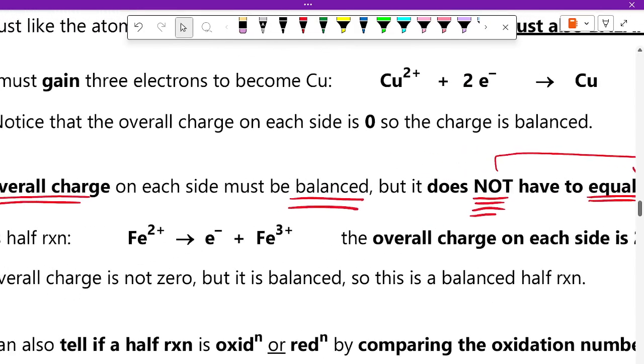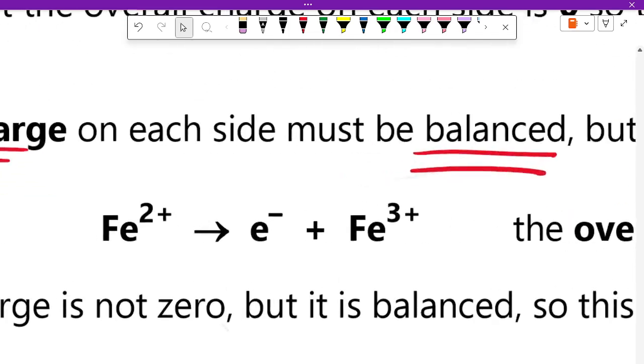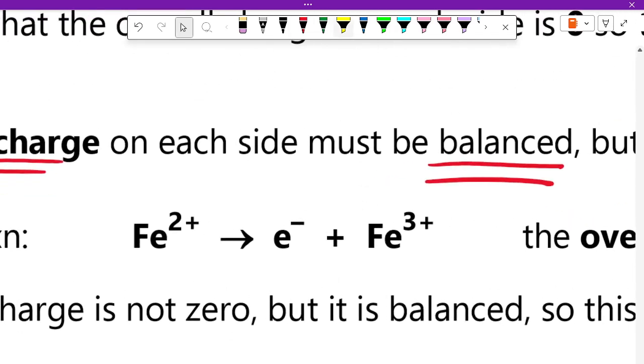So for example, we might have Fe2+ becoming Fe3+, yes? And we would need to have 1 electron on the right-hand side to bring the charge on the right down to 2+. The overall charge over here is +2. The overall charge over here is +2. So they are equal, but they are not equal to 0. Okay?